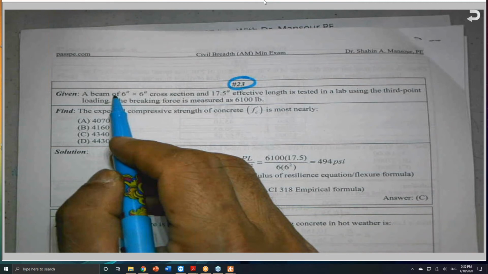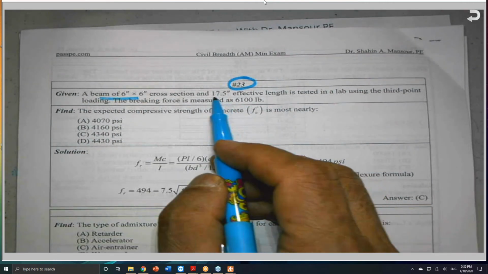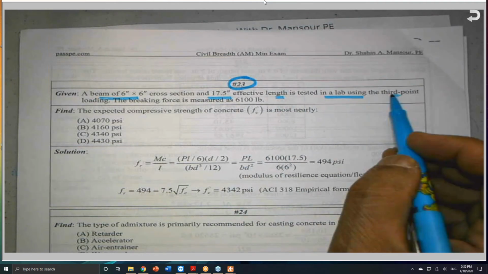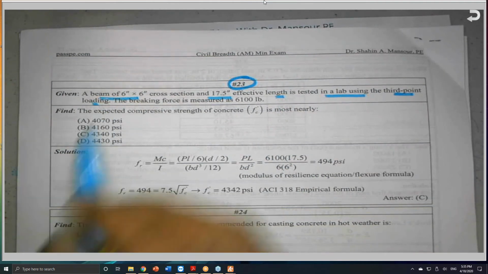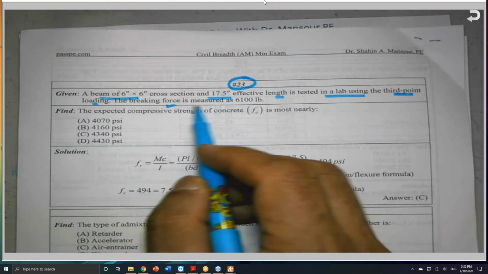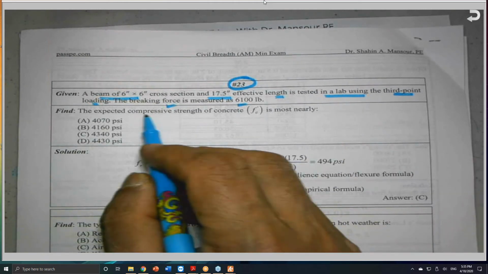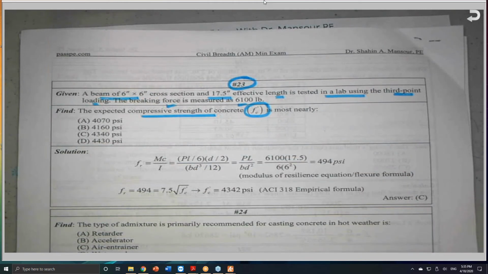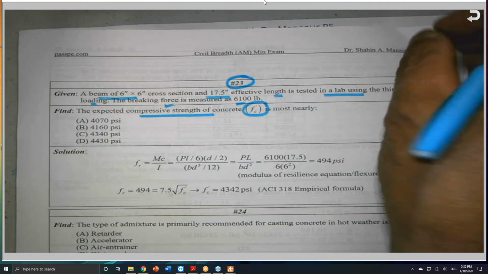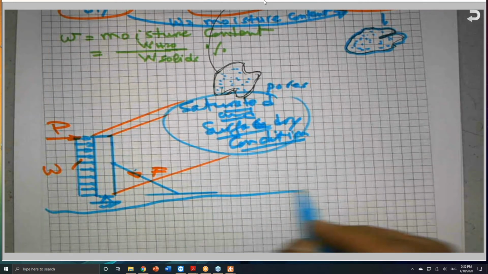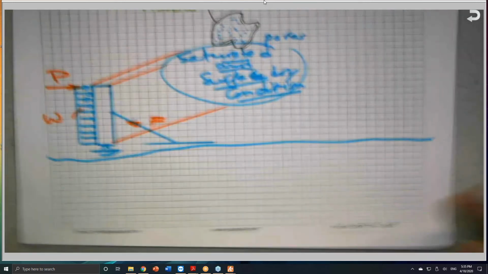He said that a 6x6 beam with a 17.5-inch effective length is tested in the lab using third point loading, and the breaking load or force is given, and he asks you what is the f'c. So this is like a backward problem. Also, I believe one of you sent me this problem, so let me solve it to explain to you.